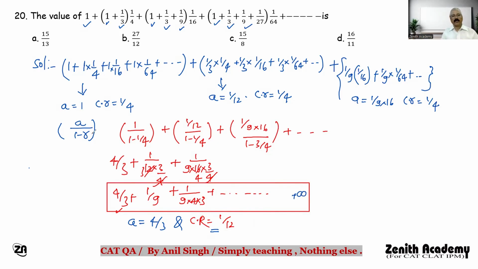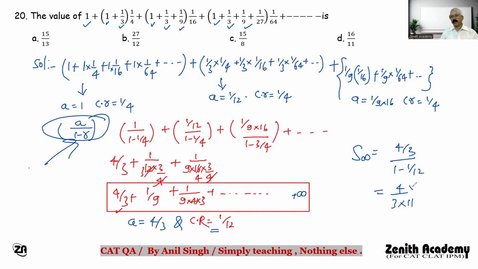For a GP, the same formula you can use here. So this will be 4 by 3 upon 1 minus 1 by 12. So 4 by 3 into 12 by 11, which is 16 by 11. So here the answer is D.